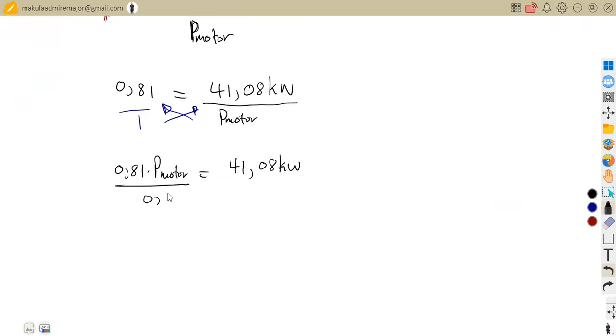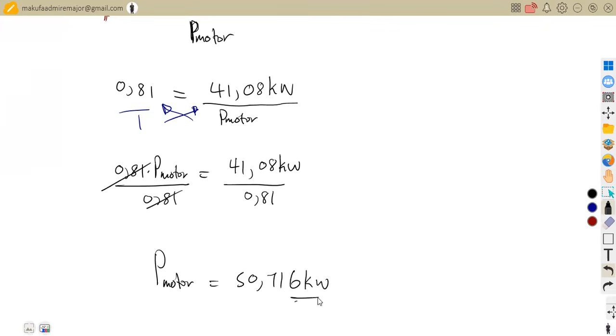So we're going to divide by 0.81 on both sides, remaining with the power that is affecting our motor. Dividing this properly, we obtain something like 50.716 in kilowatts. So that is how you attempt these typical questions.